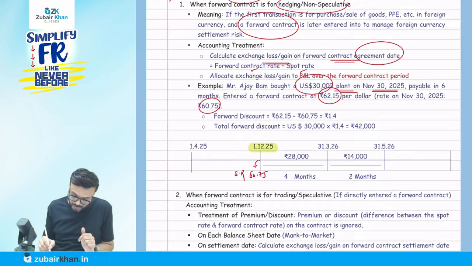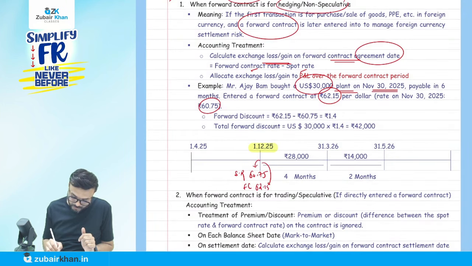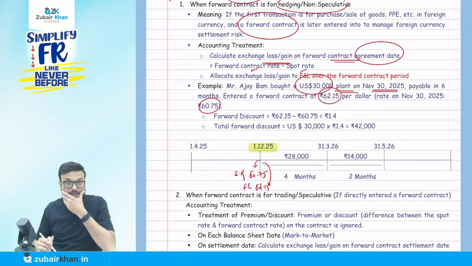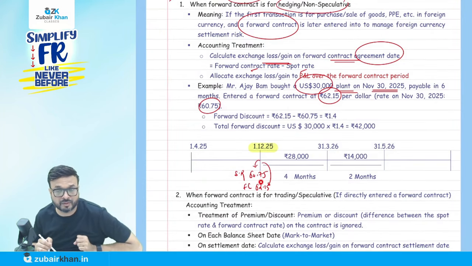I enter into a forward contract here, and the exchange rate is 62.15. So what is going to happen is that instead of paying 60.75, we are going to pay 62.15.